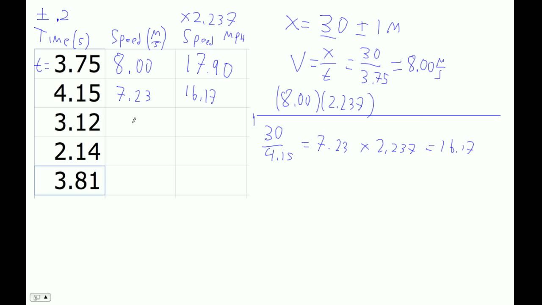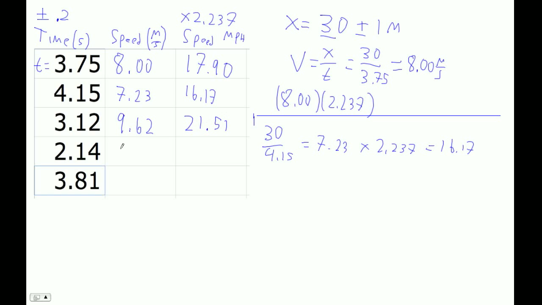And do the same thing here. 30 divided by 3.12. If you get it, you can sort of stop watching this video. 9.62, and then I'm going to go times 2.237, and I get 21.51.